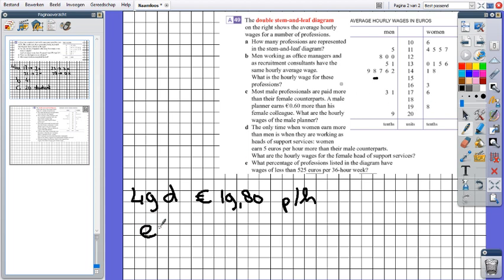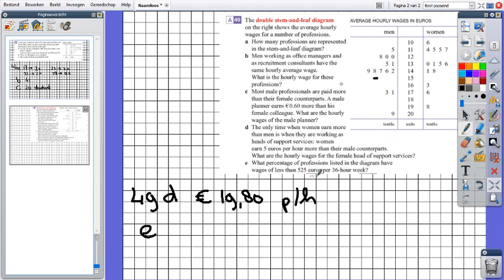And the last question at E, what percentage of professions listed in the diagram have wages of less than €525 per 36-hour week? Remember, as of now we are talking about wages per hour. So we have to either convert this table to wages per week, or we should convert the week back to wages per hour.